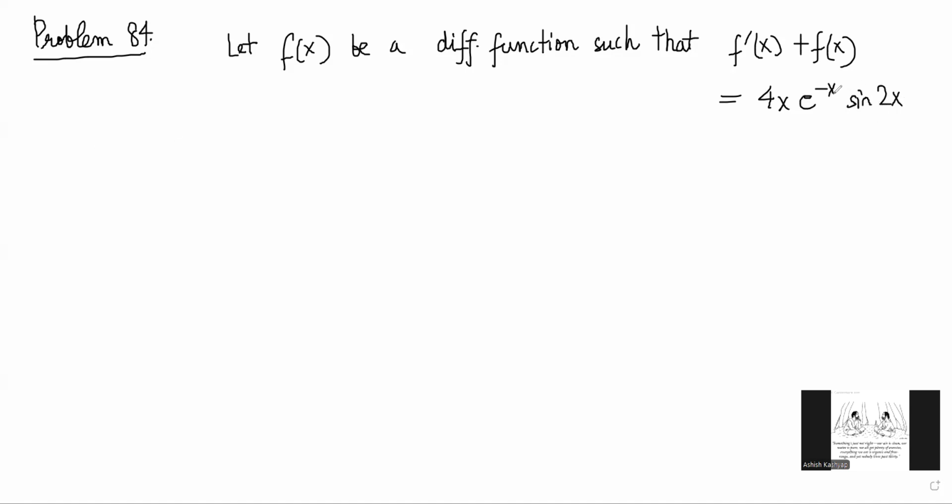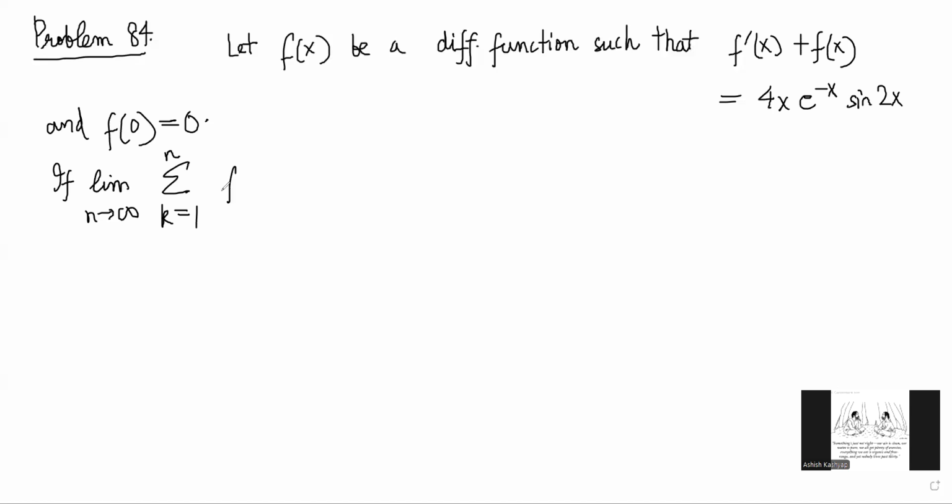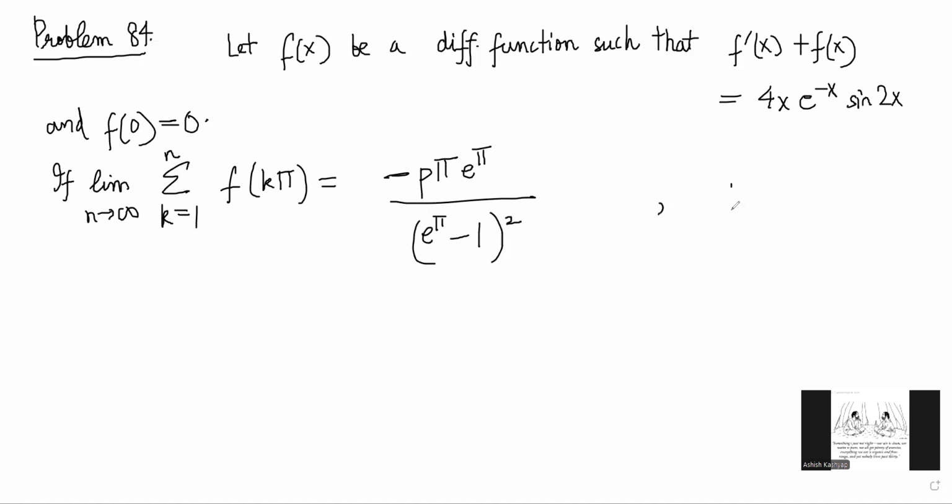This is the differential equation that is given, and f(0) = 0. If the limit as n tends to infinity of the summation k goes from 1 to n of f(kπ) is equal to -pπ e^π divided by (e^π - 1) whole squared, we have to find the value of p.